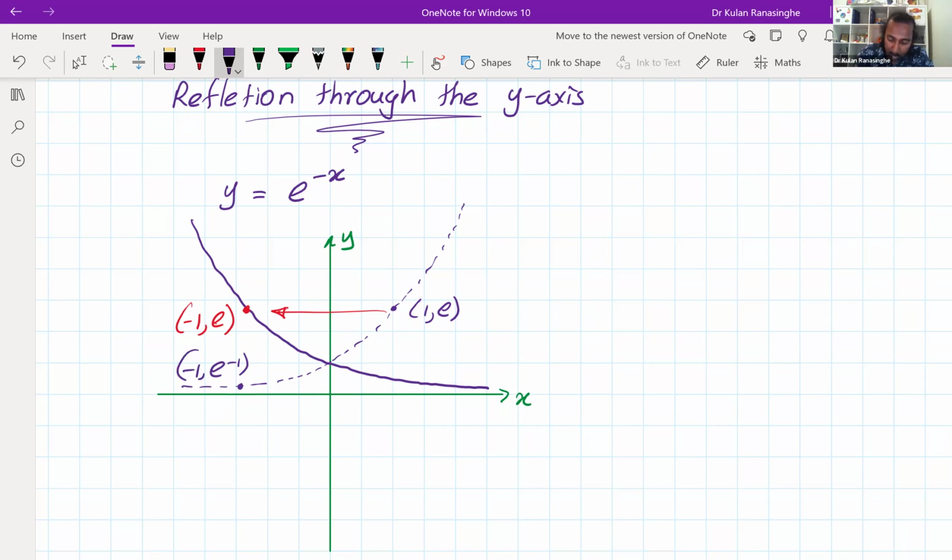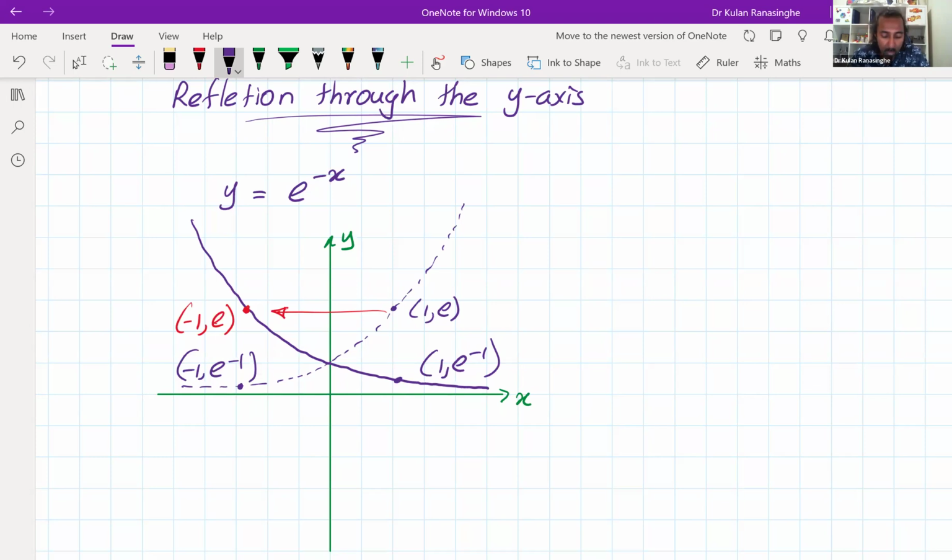Now at 1, I would get e to the negative 1. I need to get this one nicely done with my scale, but you get the idea. The one that you had on the left-hand side, the right-hand side ones are on the left.